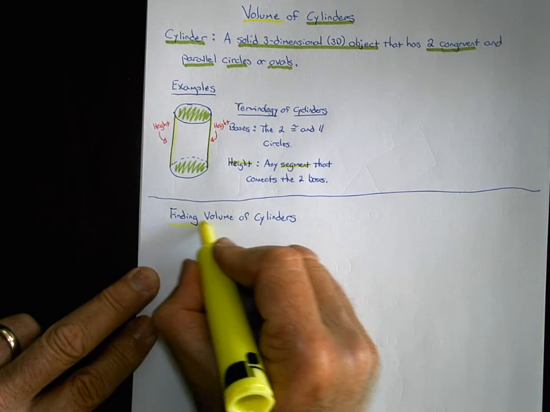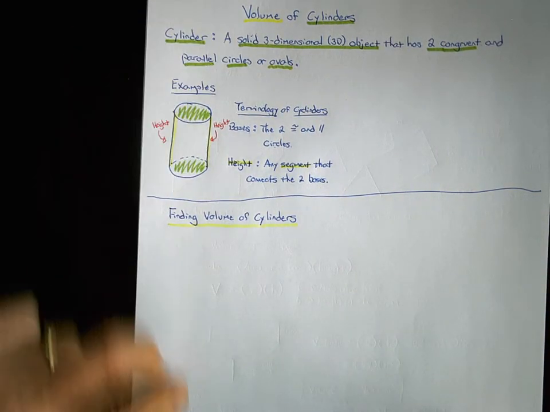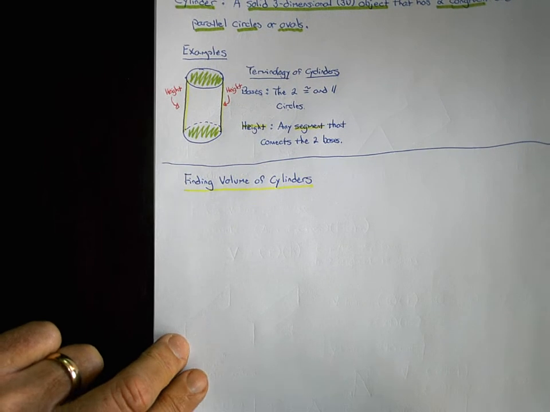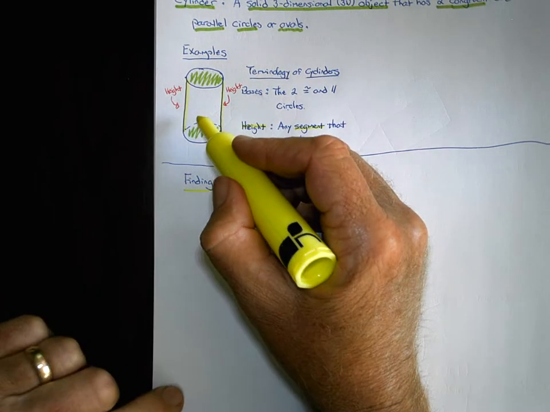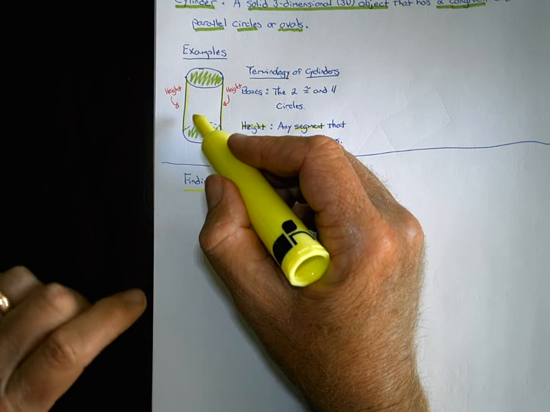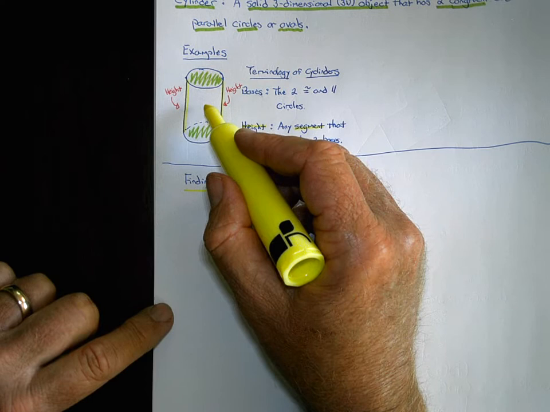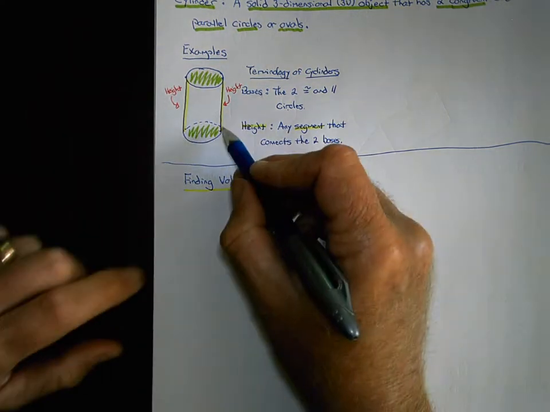Let's say that I picked up this cylinder and filled it with some solid object like dirt, and I wondered how much dirt is inside this cylinder, or how much dirt this cylinder can hold. Well, to answer that question, you'd have to find the volume of the cylinder.